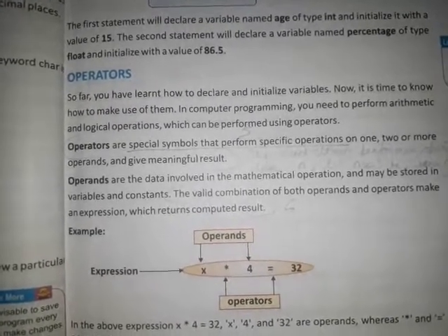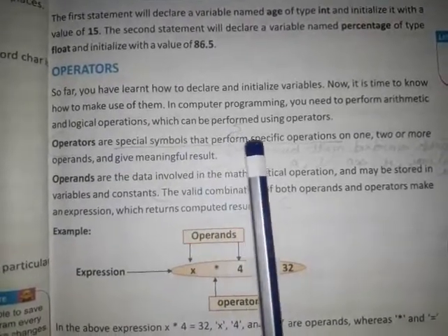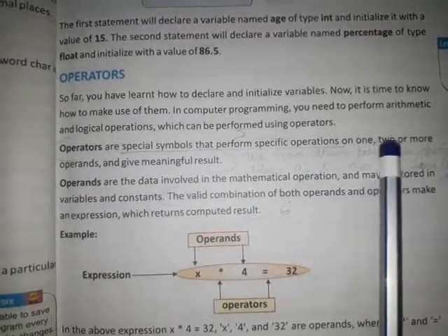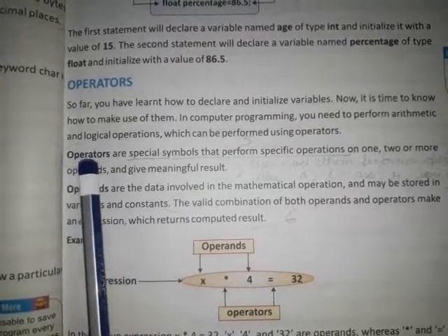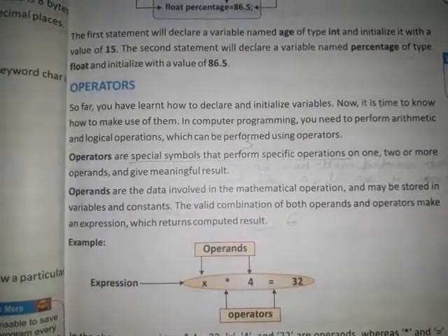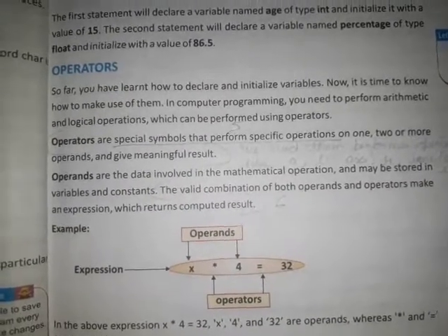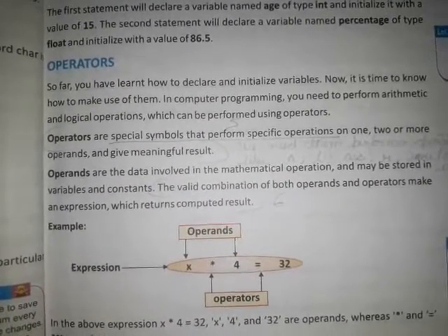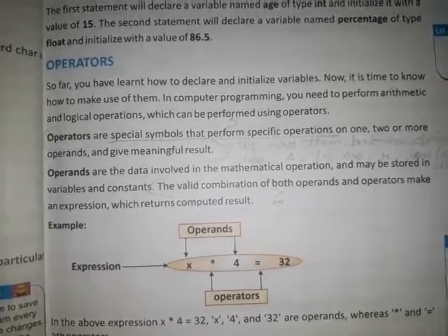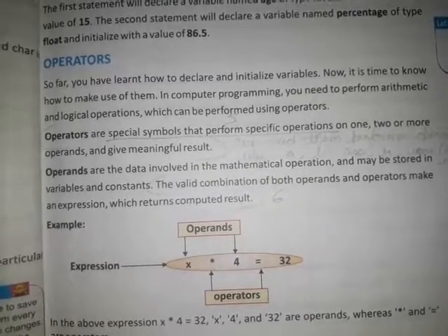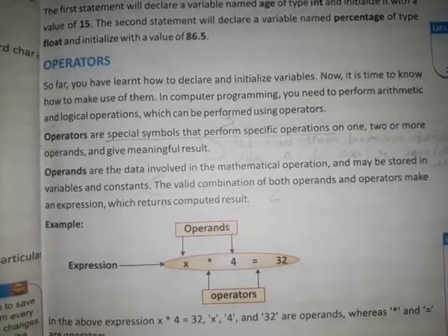Operators are special symbols that perform specific operations on one, two or more operands. So in C there is a term operator which performs some actions on these variables, and these variables are called operands. The values are also called operands, and the operator performs some operation on them and gives some meaningful results.